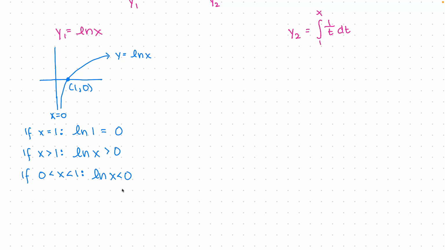To look at the definite integral, I'm actually going to graph y equals 1 over t. We'll make this a t-axis. And y equals 1 over t would be this hyperbola here.